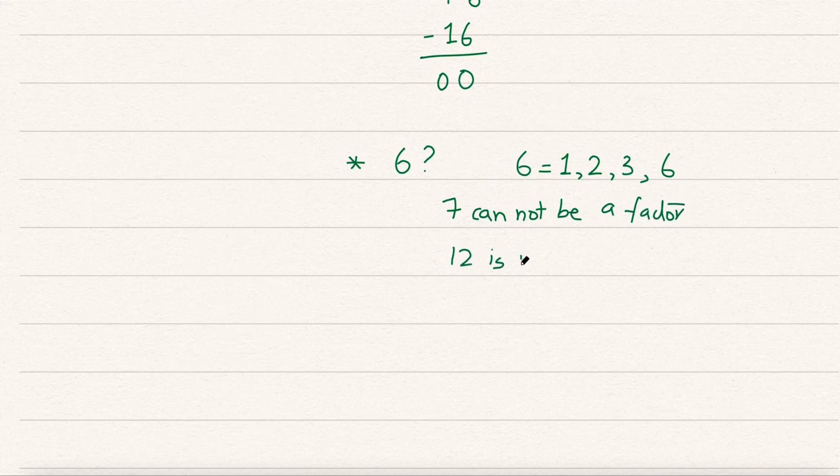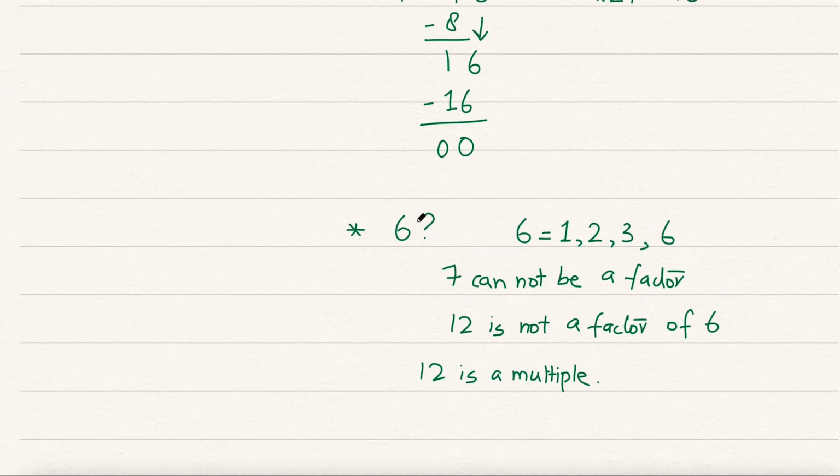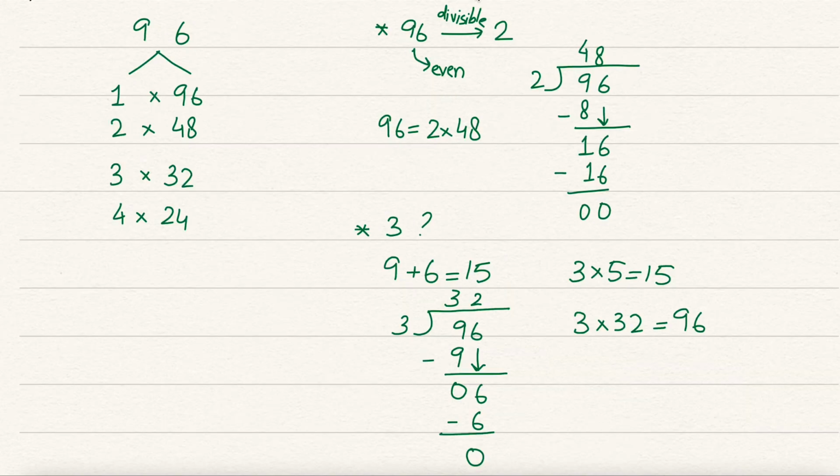12 is not a factor of 6. Why? Because it is greater than 6. 12 is a multiple, not a factor. So we will see that 2 times 48 is 96. That means 96 is divisible by 2.